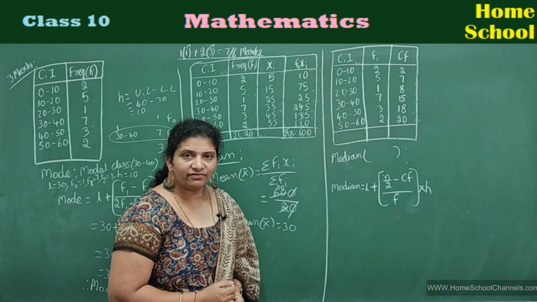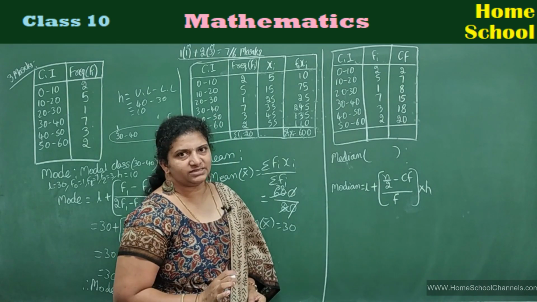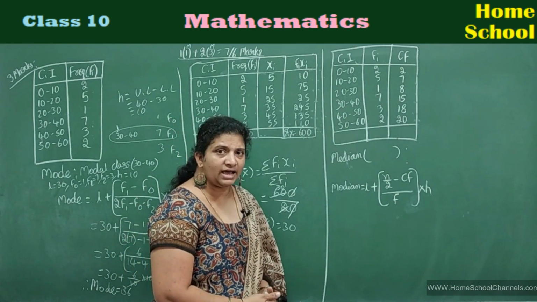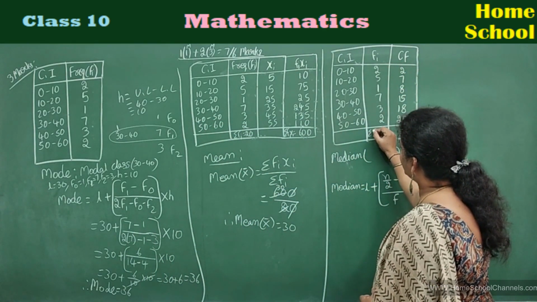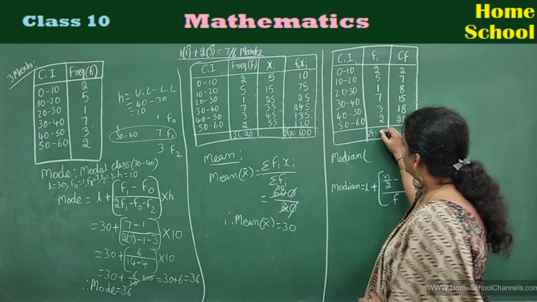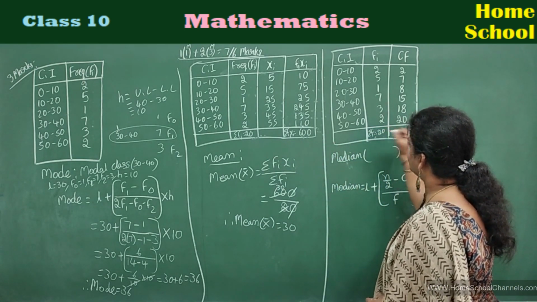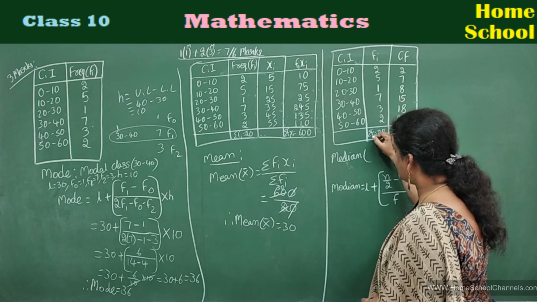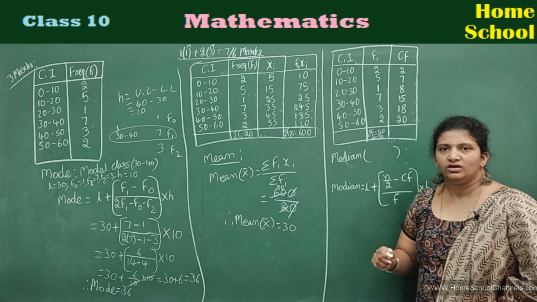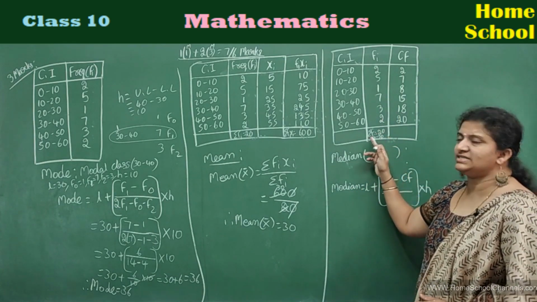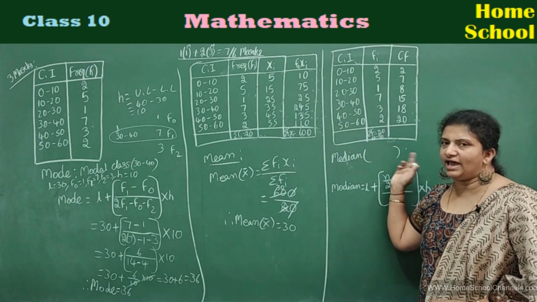We need to identify the median class first. How can we get the median class? Add the frequencies first. Summation F is equal to 20, and I can call this summation Fi as N also, the total sum of the frequencies.